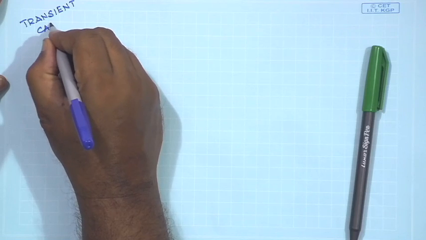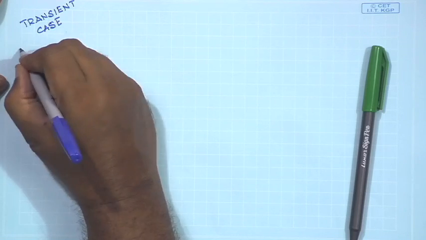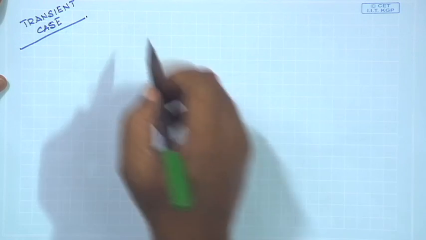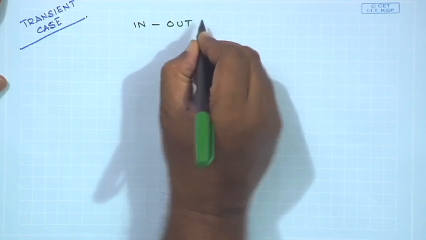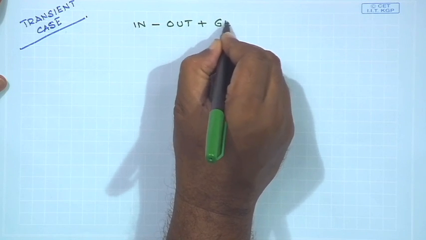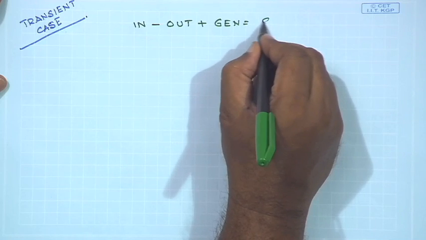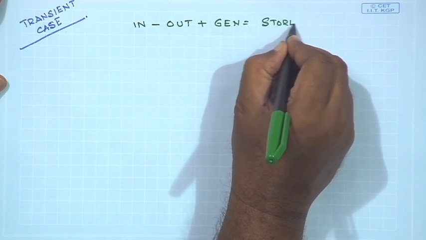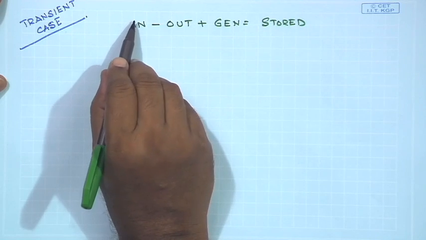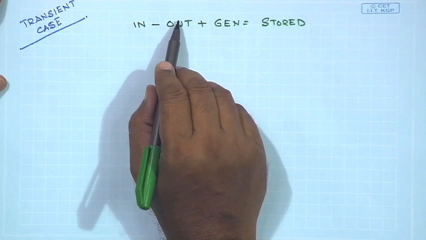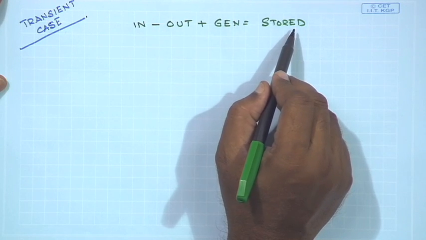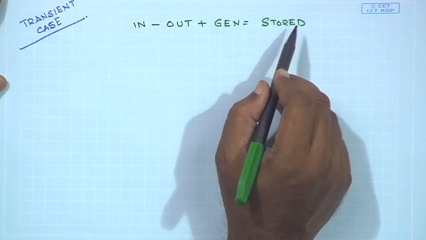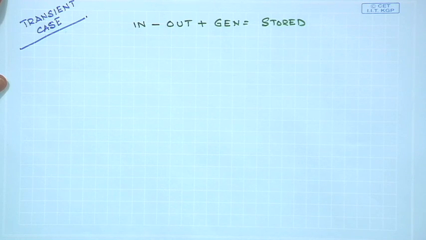and in the transient case the fundamental equation is in minus out plus generation is equal to stored. All these are rates. So, rate of energy in minus rate of energy out plus generation rate is equal to the rate at which energy is stored in the system.